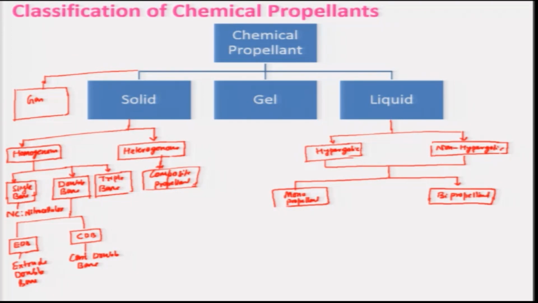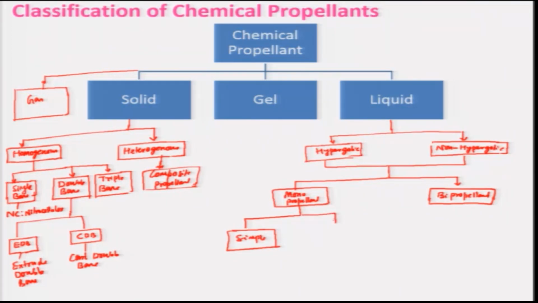And the monopropellant, as the name indicates, is basically a single propellant where both the fuel and oxidizer will be there, such that it can undergo the chemical reactions. Of course, maybe some catalyst will be used to initiate the ignition, depending on whether it is hypergolic or non-hypergolic.